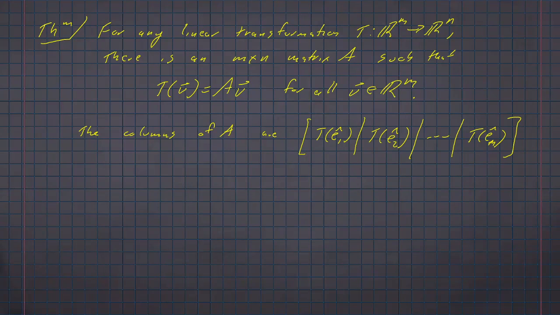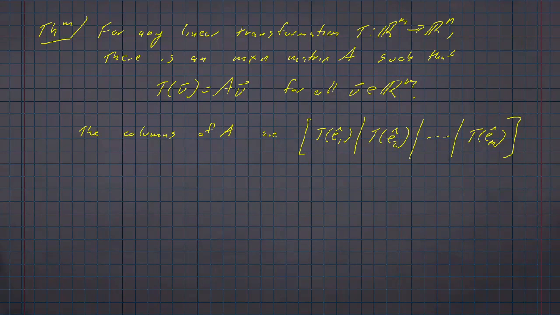We create this matrix by simply setting the columns of the matrix as the value of the transformation on those basis vectors. And by compacting it like that, it gives us everything we need.